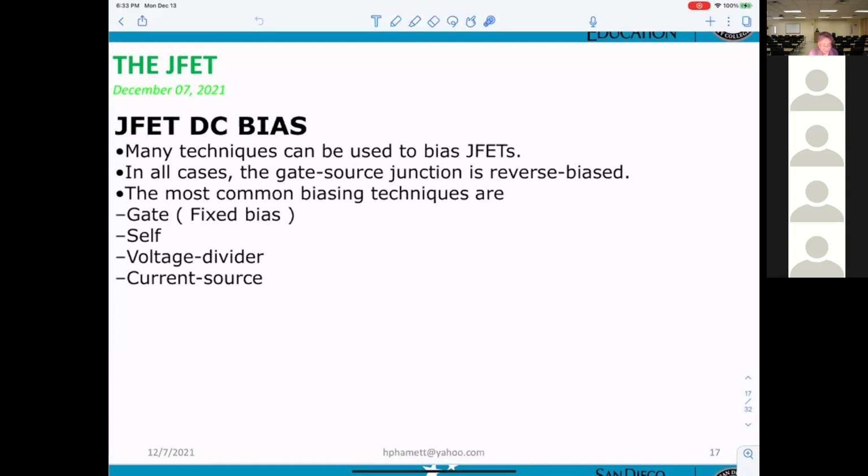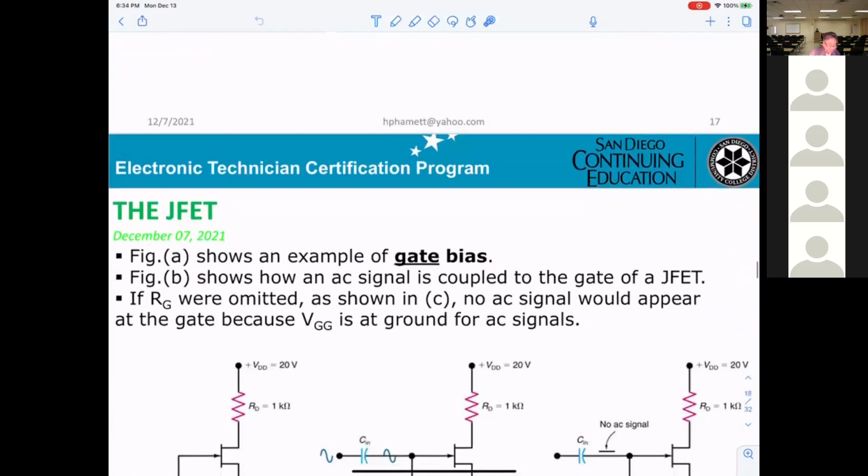The most common bias techniques are gate or fixed bias, self bias, and voltage divider bias, and the last one, current source bias. So in order for the bias to work, we need the power.